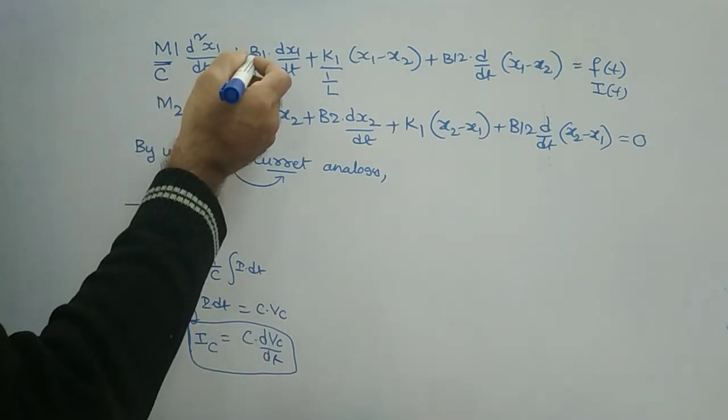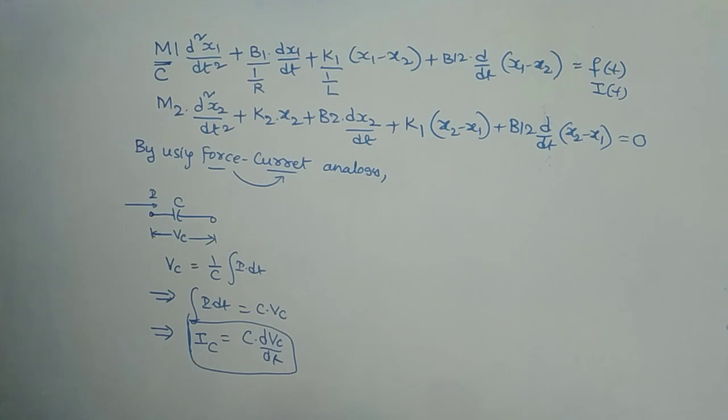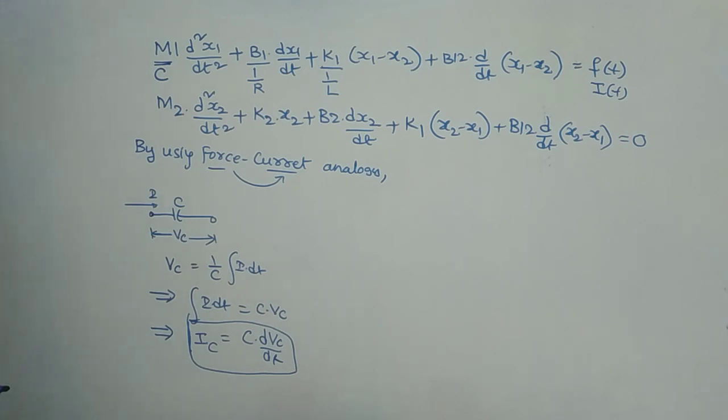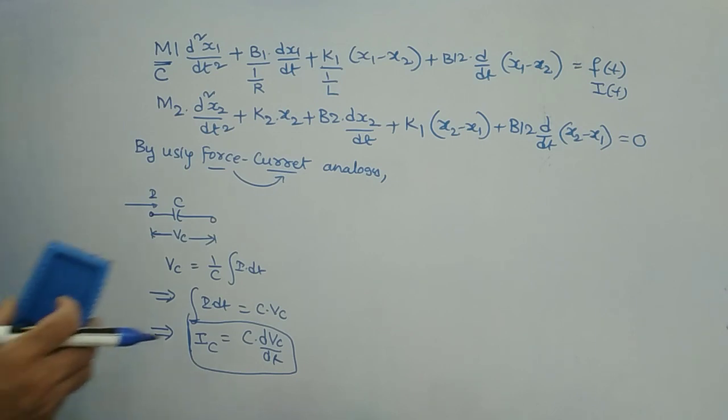Similarly, take the resistance value. B1 is the resistance. Remember capacitance into voltage derivative gives the current, I is equal to V by R form. Therefore, what you will have here is dx by dt, which is nothing but V1.